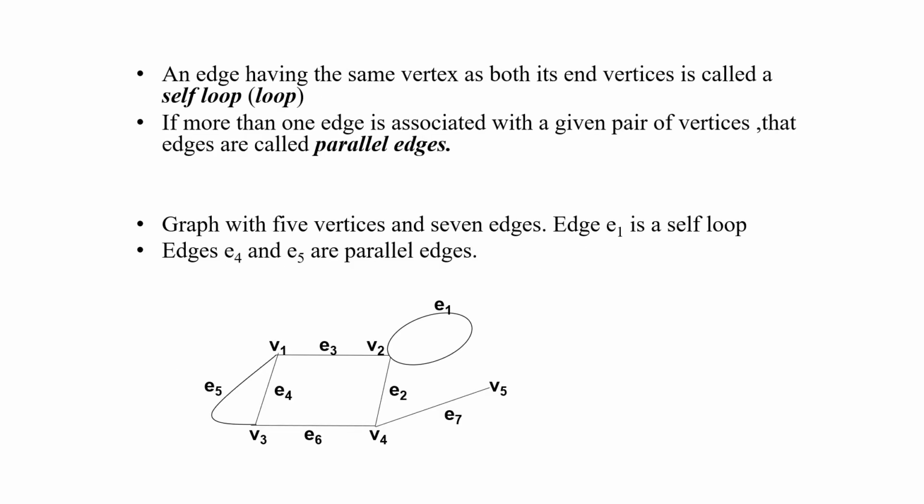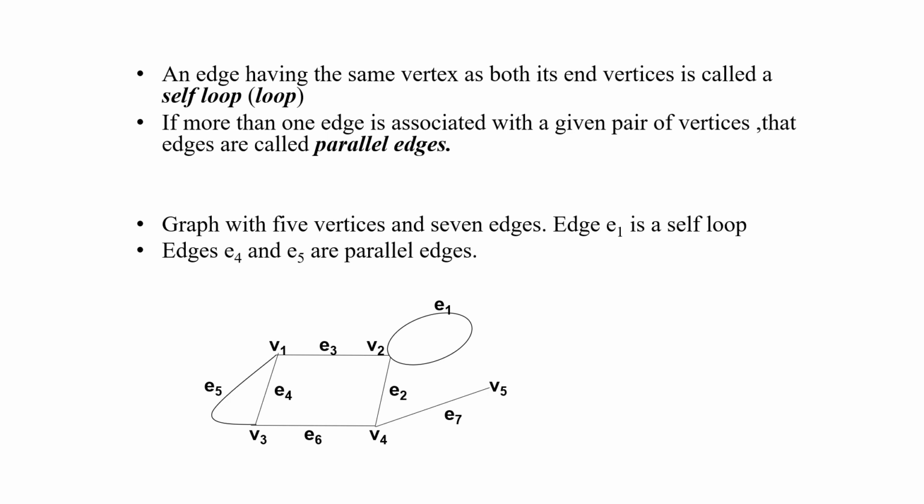Now we can see some terminologies that are associated with graph theory. An edge having the same vertex as both its end vertices is called a self-loop or loop. If more than one edge is associated with a given pair of vertices, those edges are called parallel edges. Here you can see a sample graph.